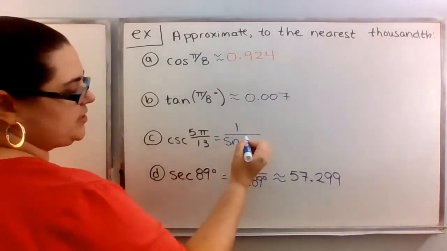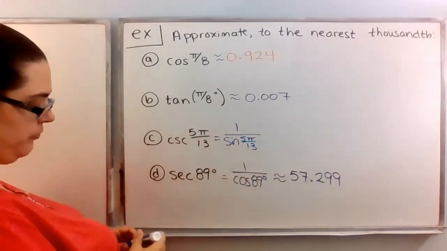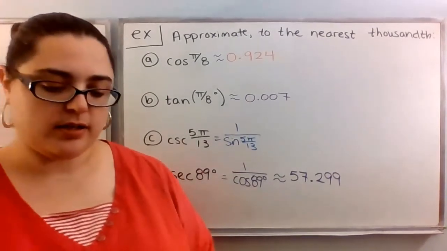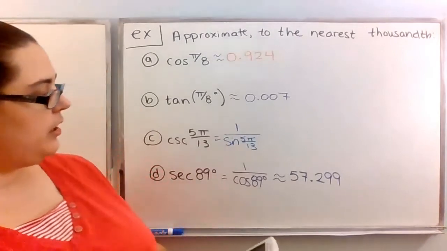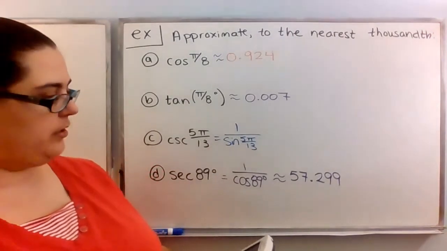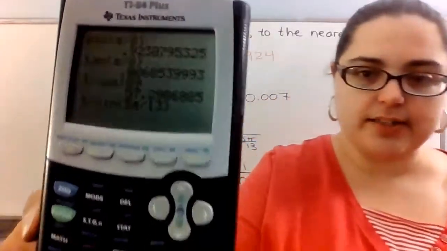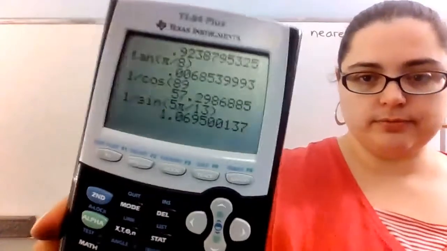So this stays 5 pi over 13. This piece doesn't change. So I'm going to enter that into my calculator. Again, I'm going to do 1 divided by sine of 5 pi over 13. So here's how I'm entering it into my calculator. And then I will hit enter.